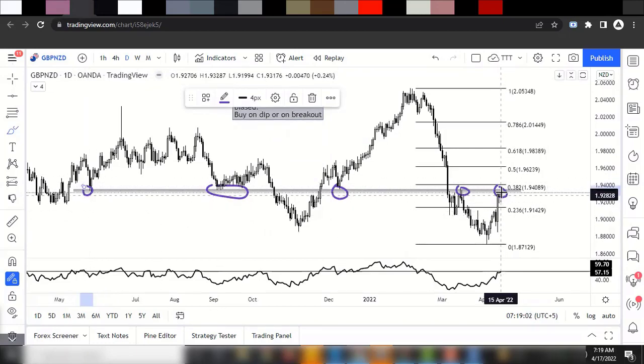So I'm expecting a good breakout from here. You can adopt two strategies in this pair, either on breakout or buy on dip. 23.6% of Fibonacci should be your level where you can add position and maintain a stop loss just below it. Buy on dip or buy on breakout is suggested.